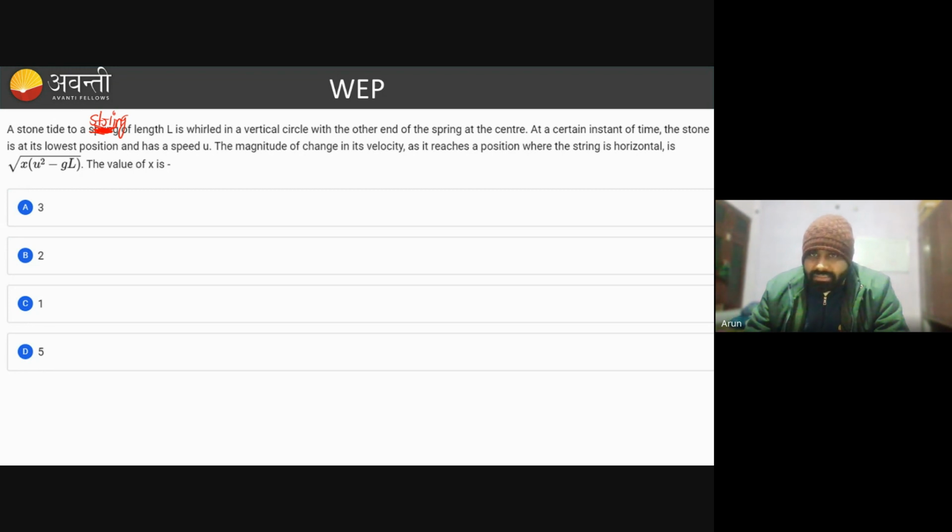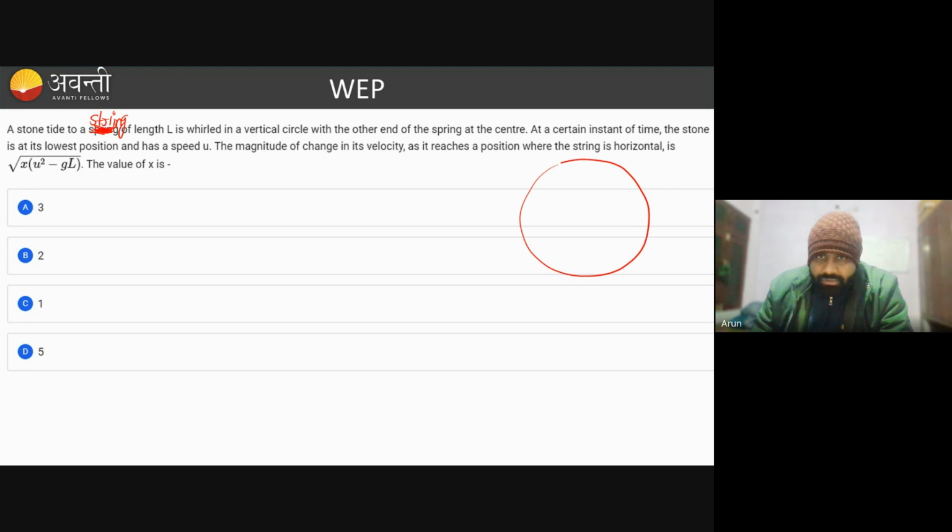At a certain instant of time, the stone is at its lowest position and has a speed u. The magnitude of change in its velocity as it reaches a position where the string is horizontal is square root of x into (u square minus gL). Then the value of x is.